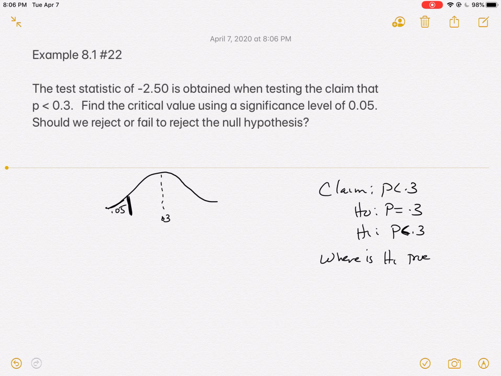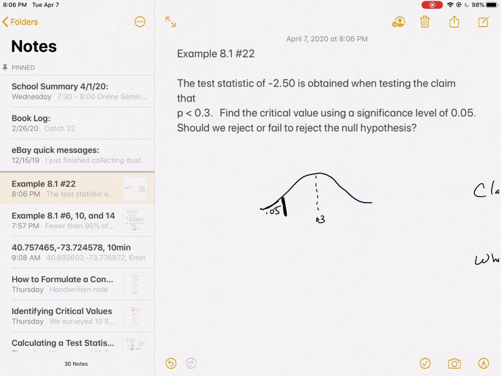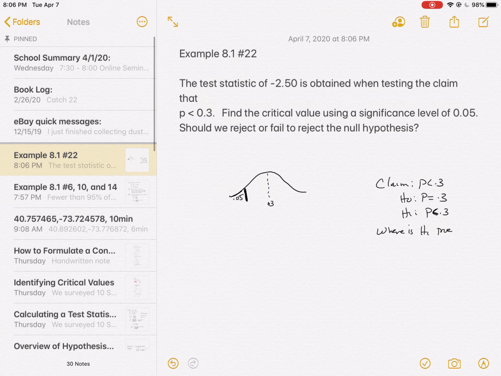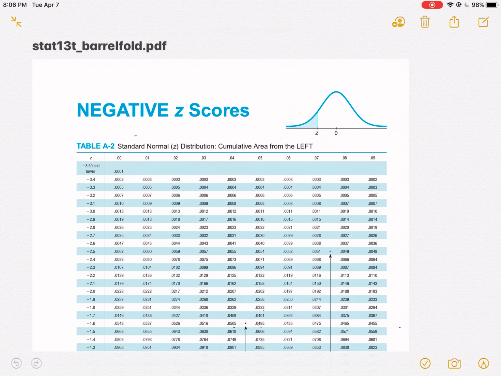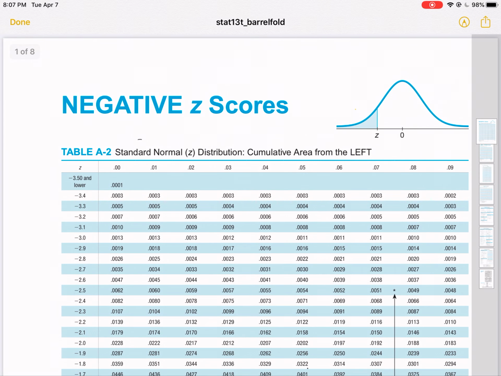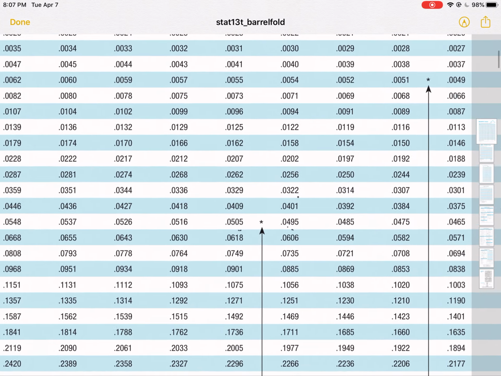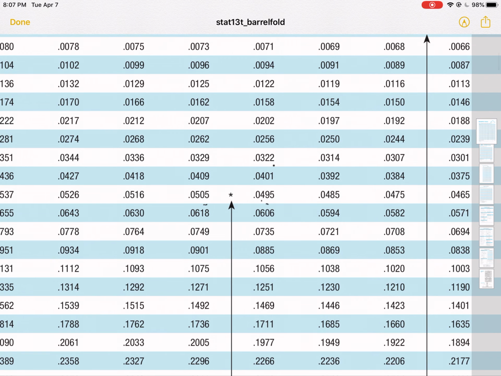Well, you know what this is. This is a z table, right? Because it was a test statistic related to a z. And so we're going to go use our z table. So let's go take a look at our z table. Now we need to find, if you remember, an area to the left of 0.05, and so we're just in here trying to find the closest we can to 0.05, and we found it right here.